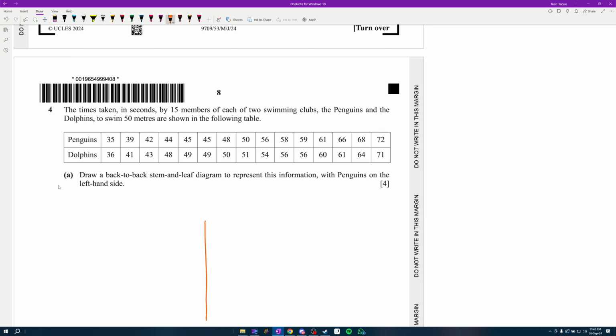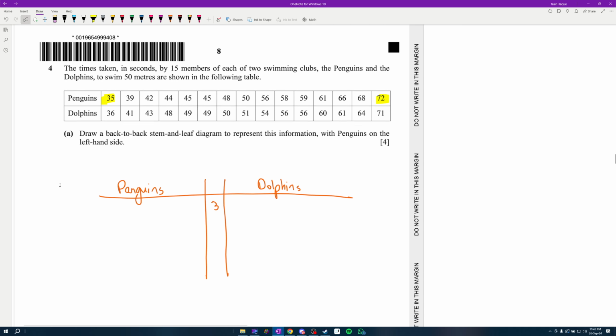So penguins and dolphins. So we have to look for the least value, which is 35, and highest value, which is 72. So it starts from 3, goes up to 7.